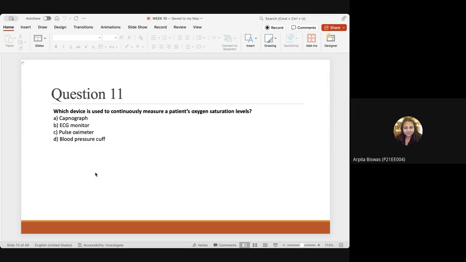Which device is used to continuously measure a patient's oxygen saturation level? First option is the capnograph, second is the ECG monitor, third is the pulse oximeter, and option D is the blood pressure cuff.